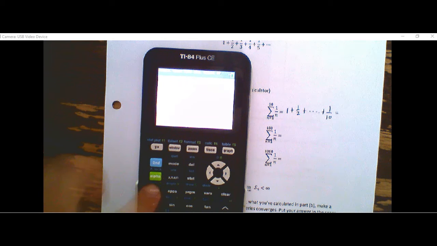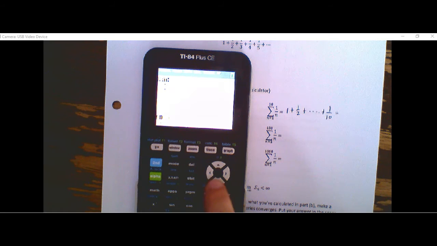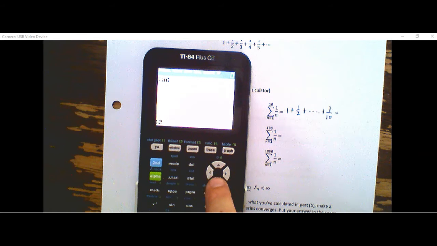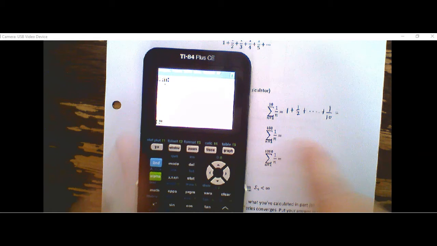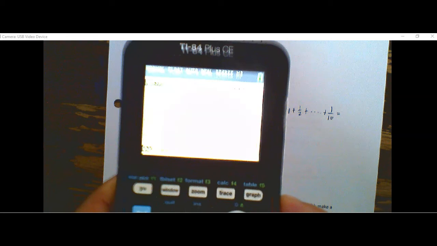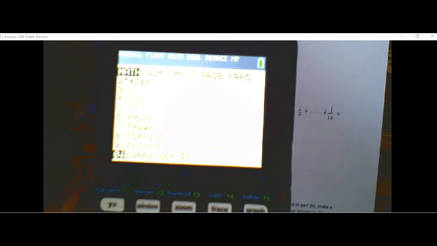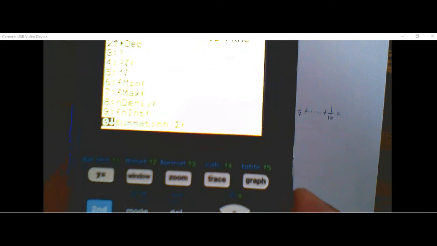Then scroll down so you can see our nth derivative, our integral, and right below that, if you have the newer calculator, in the 0 position, you have summation, and it has the little sigma there.